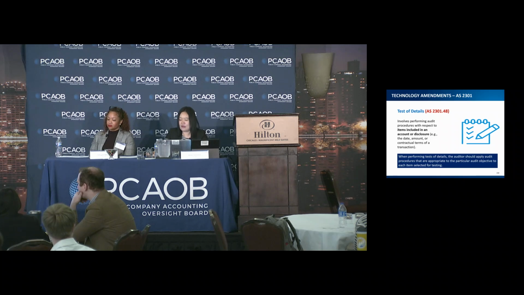This term aligns with the existing terminology in AS 1105. Consistent with practice before the amendments, the auditor determines the appropriate level of disaggregation or detail based on the facts and circumstances of the audit, including assessed risk, the relevant assertion being addressed, and the objective of the procedure.